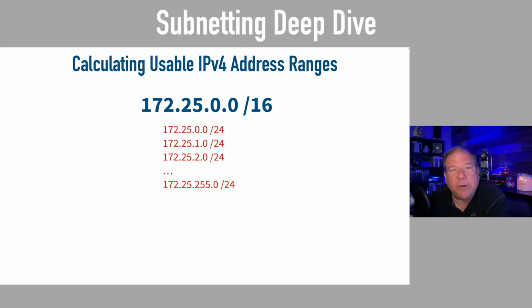So I've created 256 subnets. And I've given you the pattern of those. It starts at 172.25.0.0/24, then 172.25.1.0, 172.25.2.0, all the way through 172.25.255.0. So starting at 0, we just created 256 subnets.